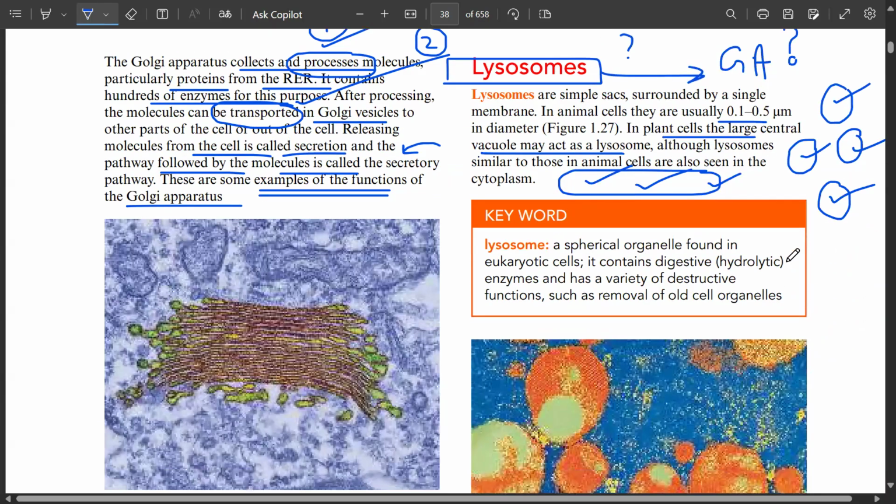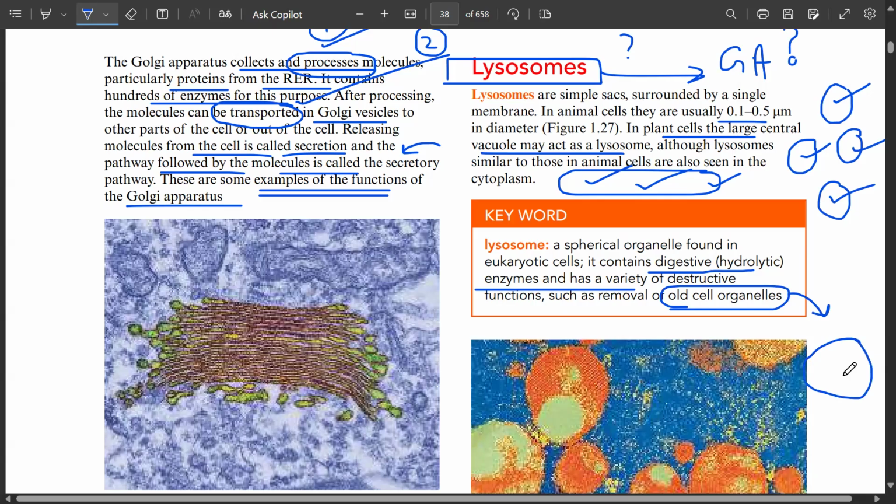In cytoplasm. The lysosomes' function is that they contain digestive hydrolytic enzymes, which perform the function of destroying old cell organelles. Now, any worn out organelle, such as an old mitochondria, an old piece of Golgi apparatus, it eats up that old worn out organelle. And what does it do?